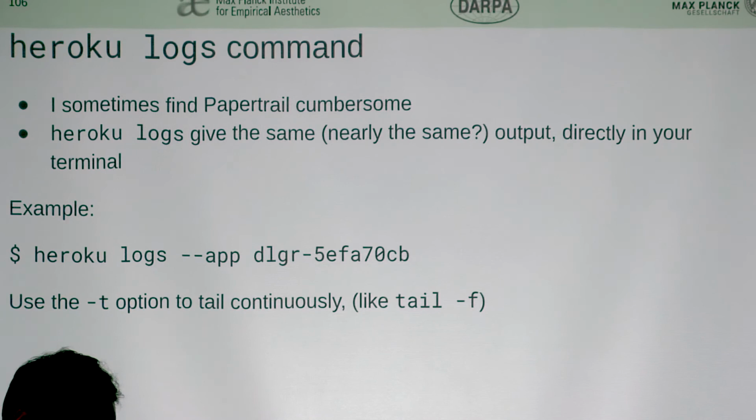Papertrail has search filtering and stuff, but just running heroku logs directly will show you most of the same stuff in your terminal, and I often find that more useful than dealing with Papertrail.